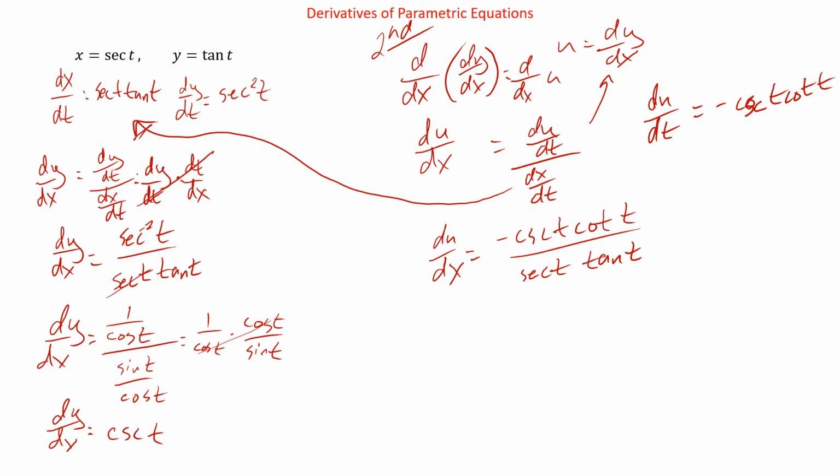Before we simplify it, what just happened? In essence, what did we just do? To find the second derivative, and this would be d squared y over dx squared, remember, is the symbol for second derivative. So to find the second derivative, we found the derivative of the derivative that we found.